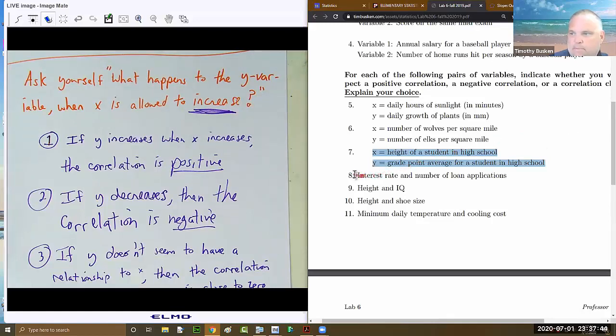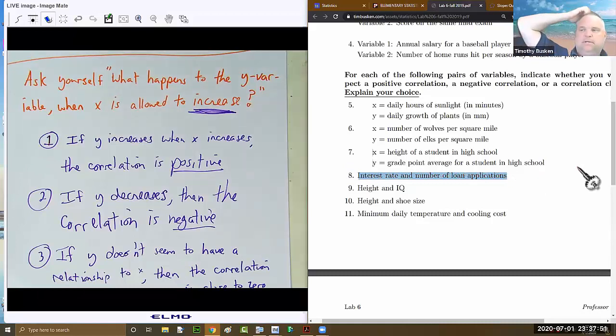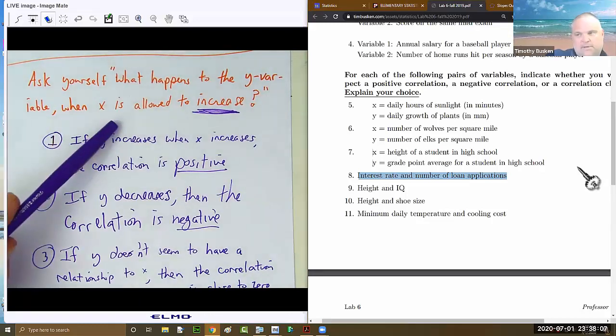And then problem number 8 is interest rate and number of loan applications. So what happens when the interest rate goes up? Are people more likely to take out a loan when the interest rate goes down? So now I'm asking myself this question over here. I'm allowing X to increase.